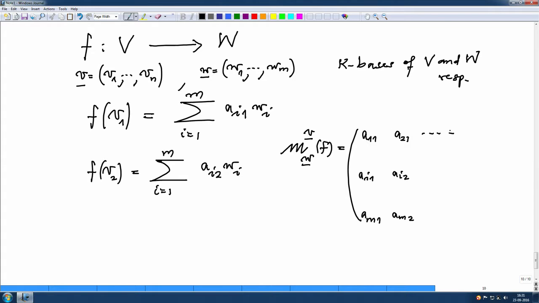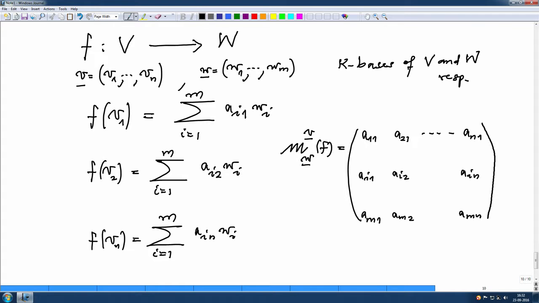The last one will be the last vector in this basis. f of vn is the summation, i from 1 to m, of ain wi. So A1n, ..., Ain, ..., Amn.